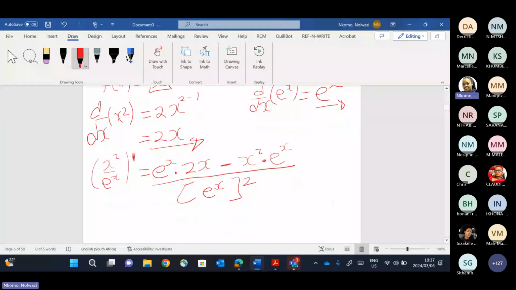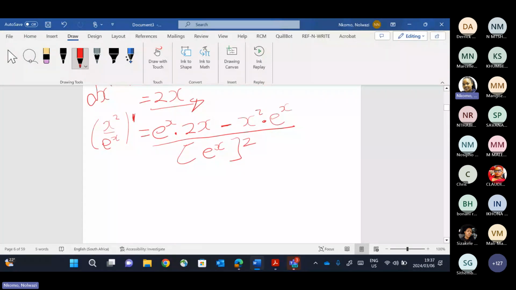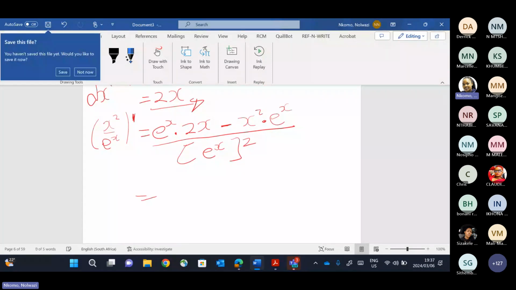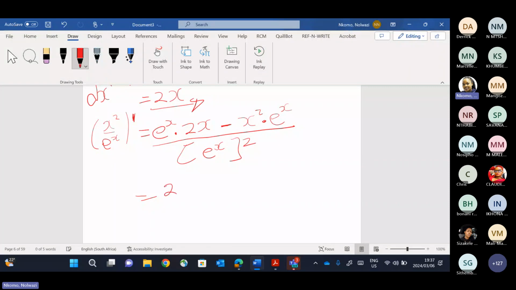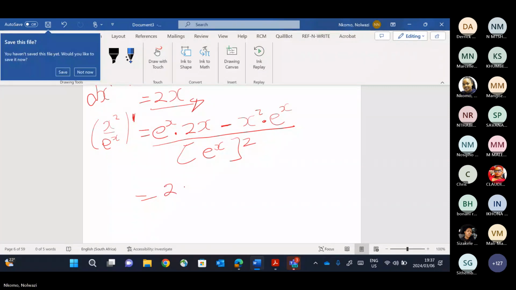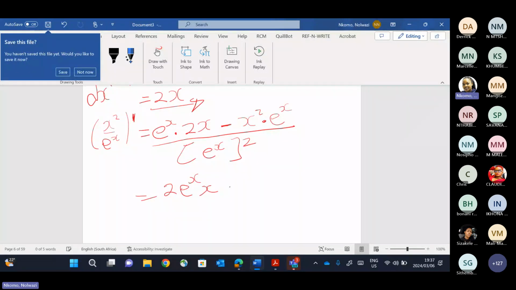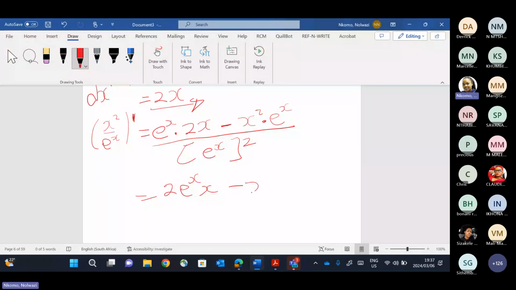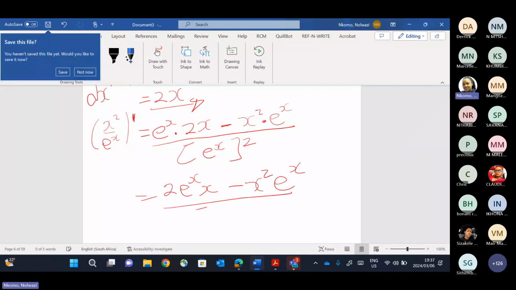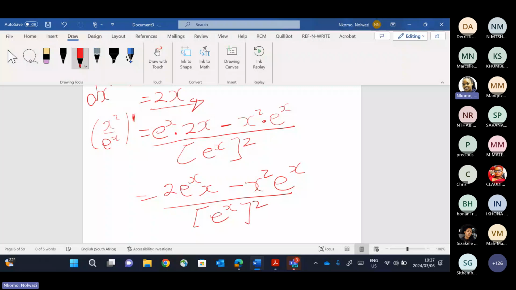Then you simplify this. If you simplify, you see the constant is in the middle, and we said we'll always put it in front. So we can write this as 2 e to the power x minus x squared e to the power x over e to the power x all squared.